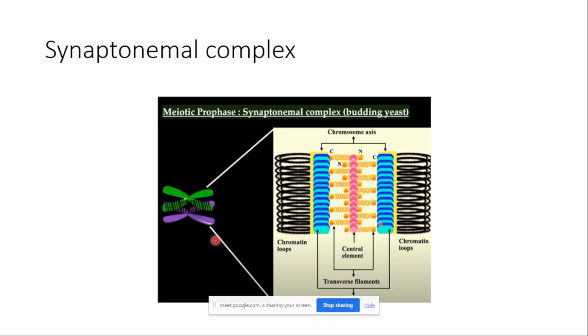One is the central element, the pink one. There is the transverse element, this and this are the transverse elements. After that, this is the lateral element of the chromosomal axis, and here you can see the chromatin loops. So this is the meiotic prophase where the synaptonemal complex is formed.